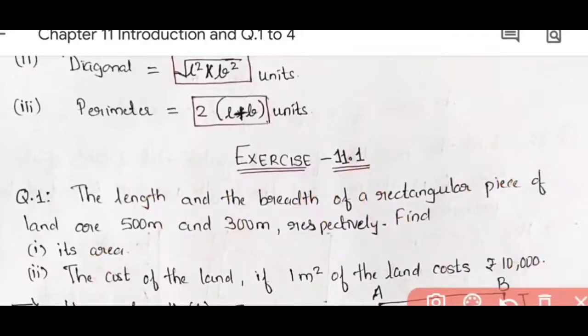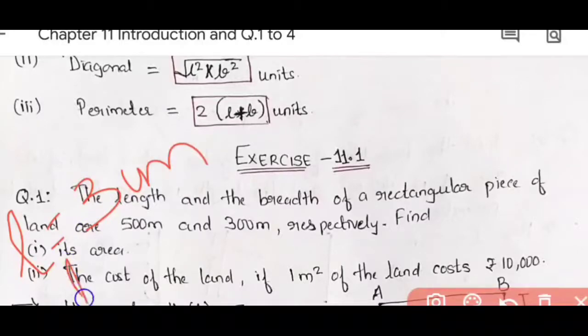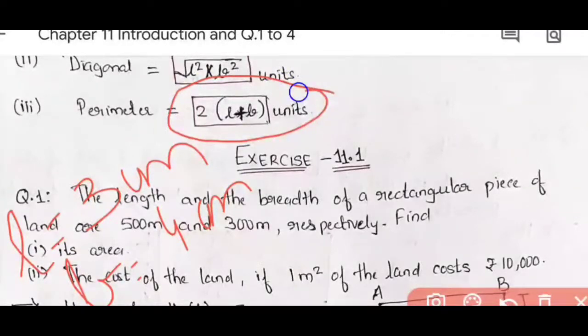Now moving to the perimeter of the rectangle. If they have given you the length, let us take again the same, L is equal to 3 centimeter and breadth is equal to 4 centimeter. Given length and breadth, you can place it in this formula and get the answer. Let us place and find the answer.